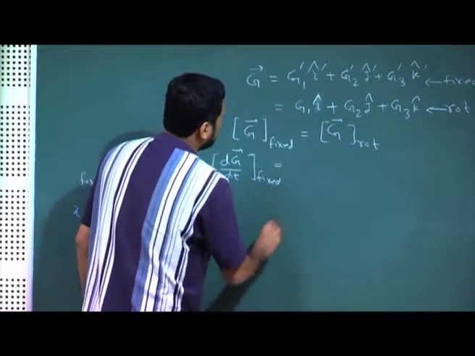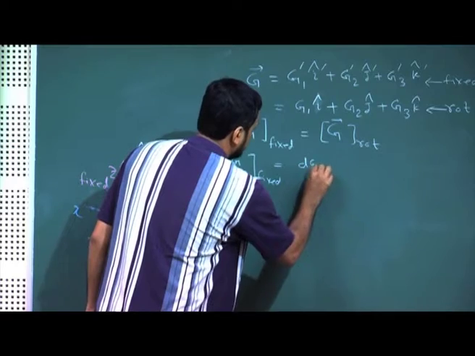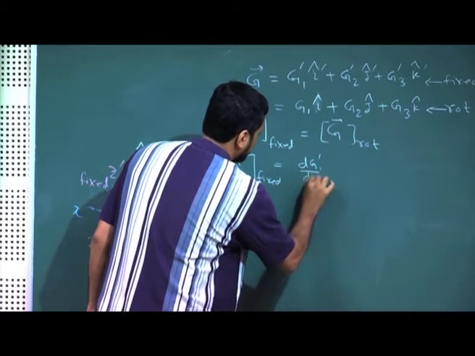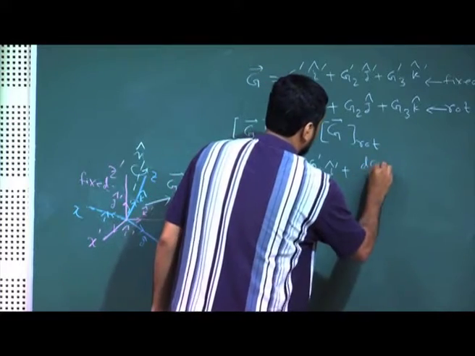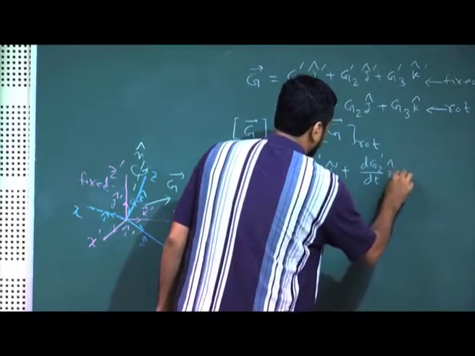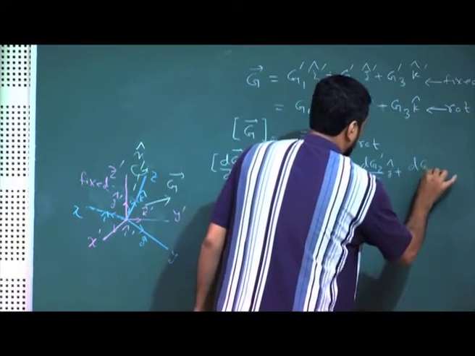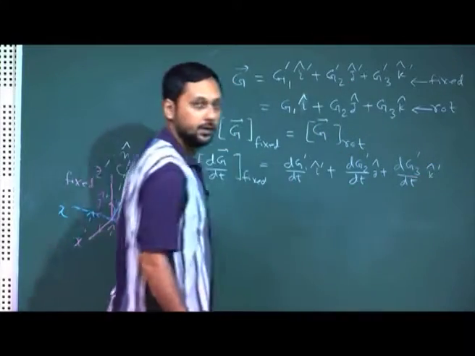So the derivative will simply be dG1 prime/dt i cap prime plus dG2 prime/dt j cap prime plus dG3 prime/dt k cap prime, right.